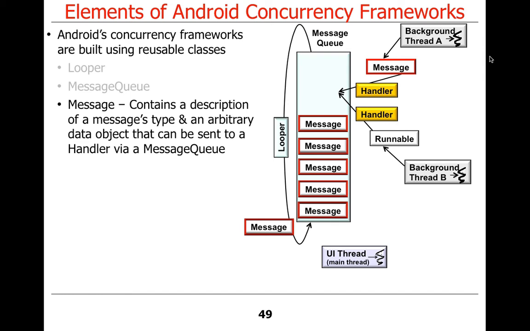And this data, plus a few other things that you can slip in there as well, can be sent to something called a handler, which we'll talk about in a second, via the message queue. So a message is basically a description of some processing to be done or some result. It's really up to the receiver, the handler, to know what to do with it. But a message just provides an abstract description of the type of the message and perhaps some data that the message has to work on.